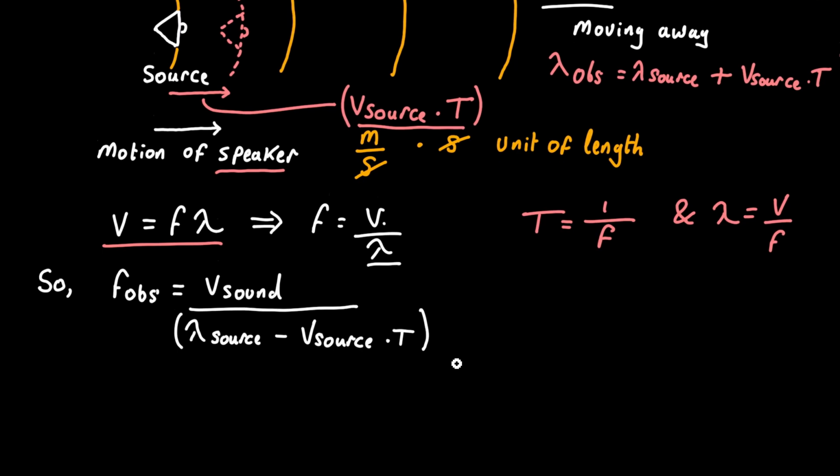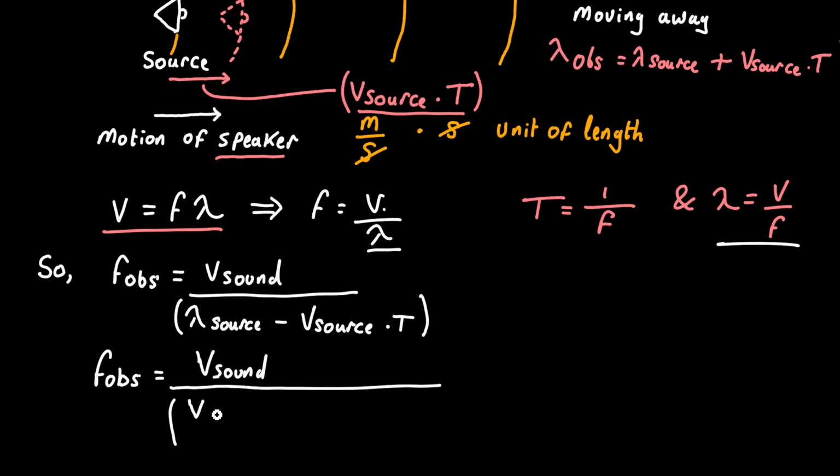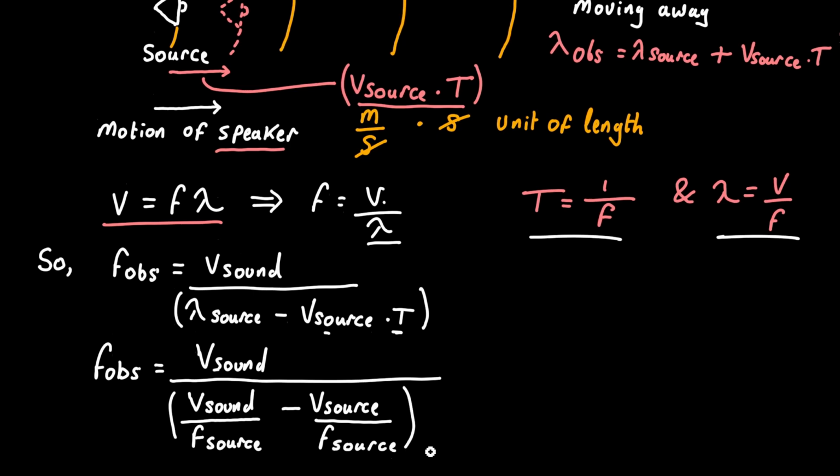And we can plug this into our formula for the observed frequency. So the observed frequency is equal to the speed of sound in air divided by the speed of sound divided by the frequency of the source, minus the velocity of the source. In our previous example, this would be the velocity of the train divided by the frequency of the sound of the source.